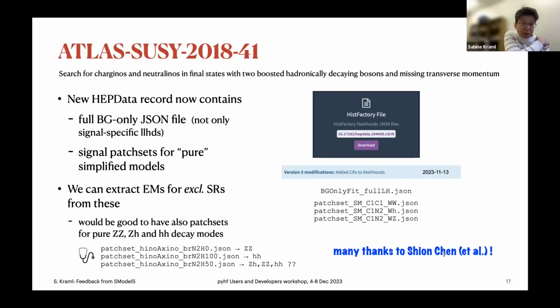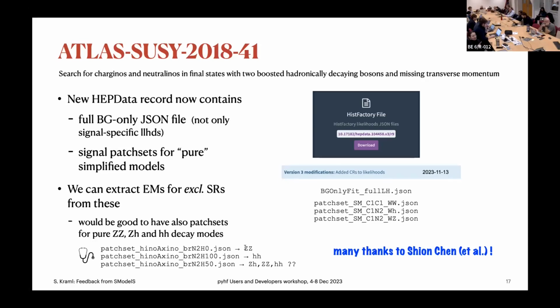This new HEPData record contains the full background-only JSON file and patch sets for a diversity of simplified models. What we are really interested in are the so-called pure simplified models, with very specific final states like those listed here. From these, we can extract the efficiency maps for these exclusive signal regions.